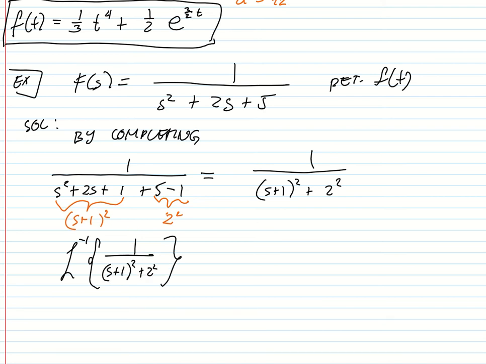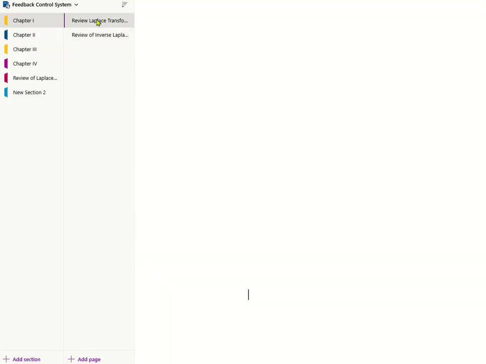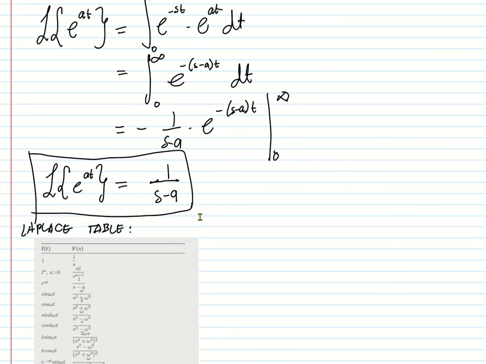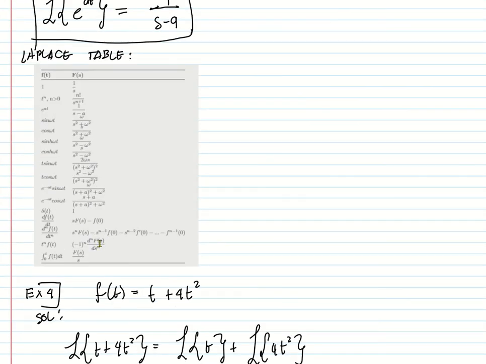If you look at the table, if you remember, with this s here, the shifting, we just need to multiply. There's a formula in the inverse Laplace or Laplace table for this part.